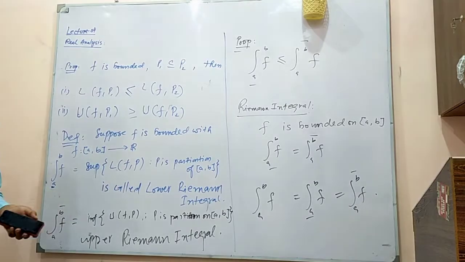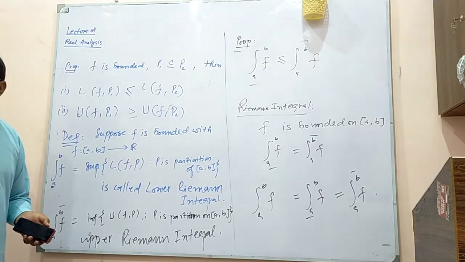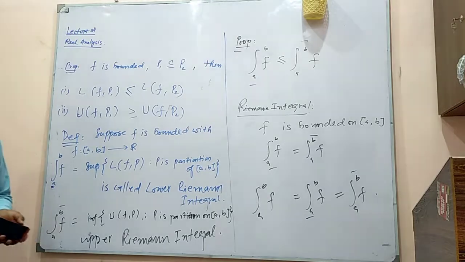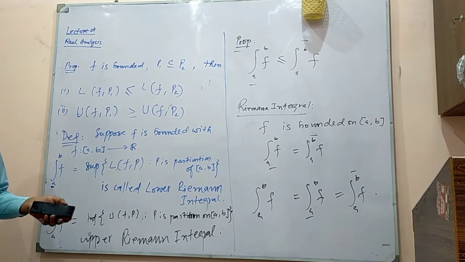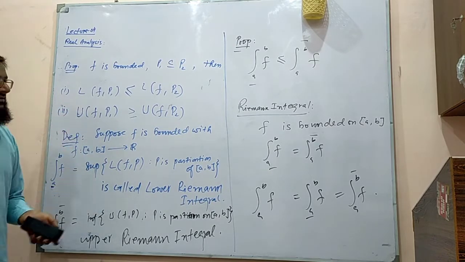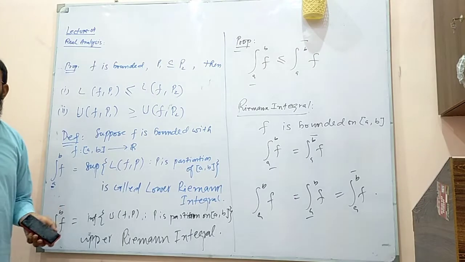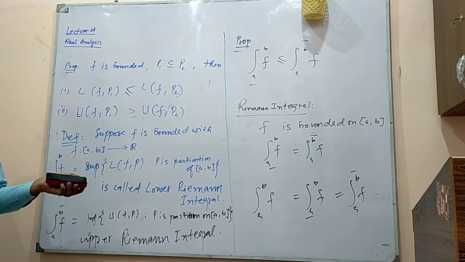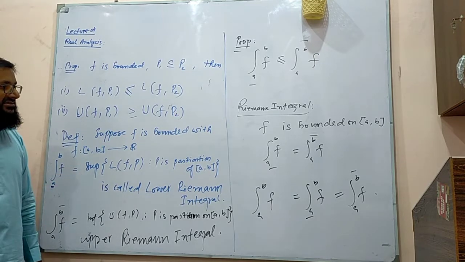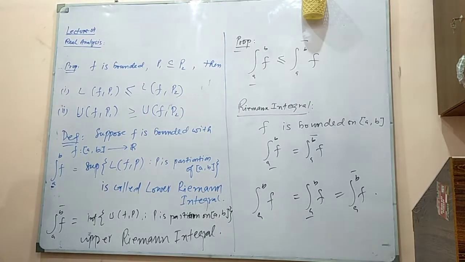I have not written integral a to b f of x dx. It is not necessary, we can write it. f means f of x, and with our definition it is clear that we are integrating along the real line, so we are not supposed to mention dx. But it is the same as integral a to b f of x dx. That is the only difference. So this is how we define it.